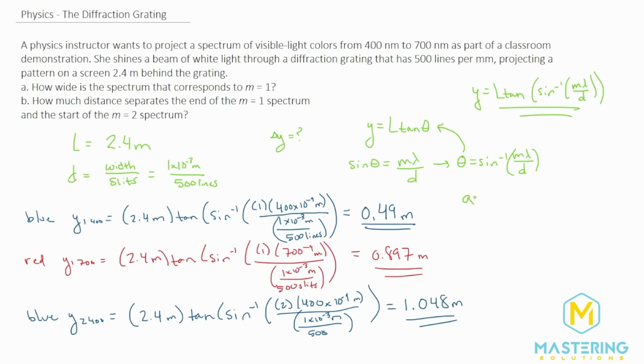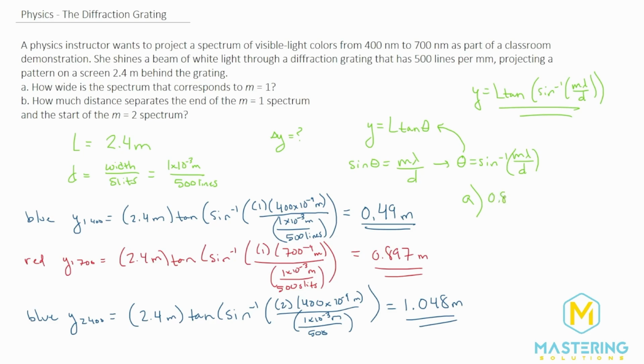So for part A, they ask, how wide is the spectrum that corresponds to m1? That's why I said we need to find the maximum and the minimum for m1, which is given basically here, because now we just subtract these two, and that'll tell us how wide that m value is.